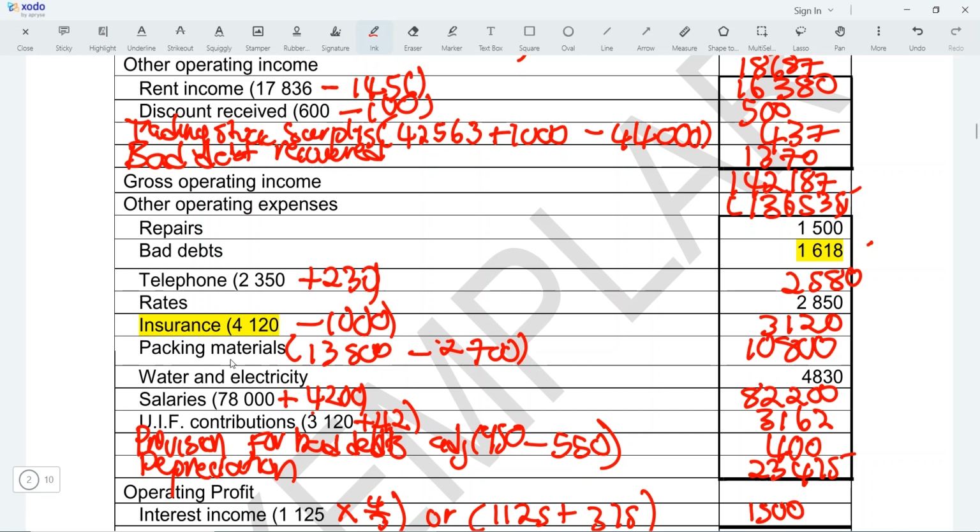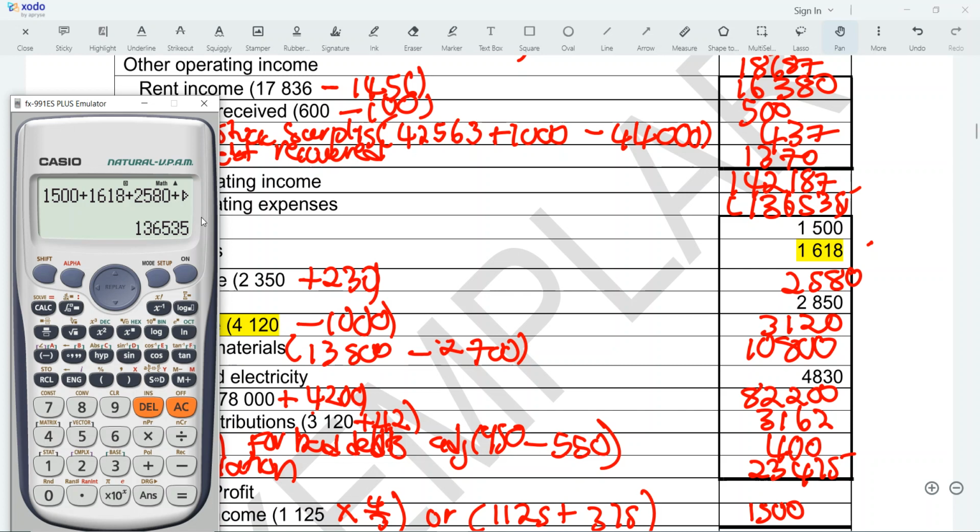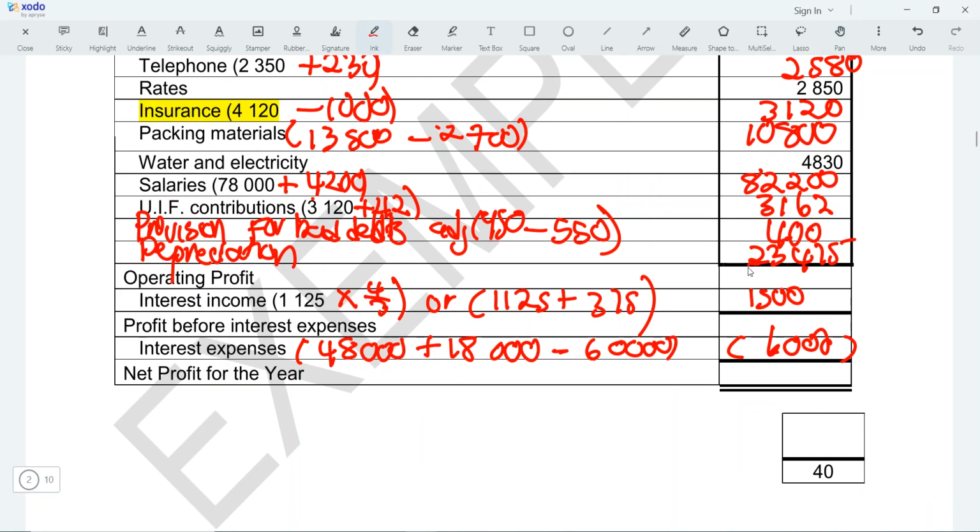Operating profit will be this answer: 142,187 minus 136535. It will give us 5,652. So we'd get that 5652 here, and then we'd say plus this answer plus 1,500.